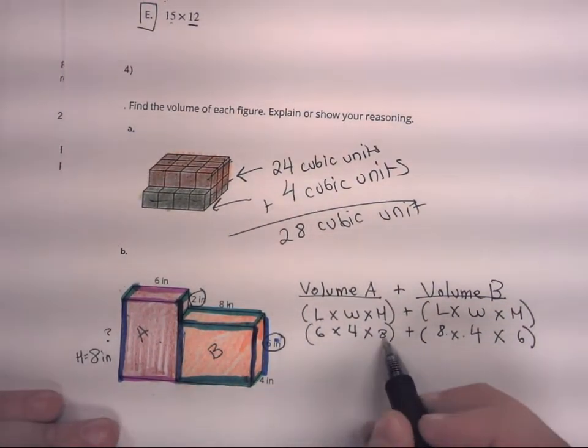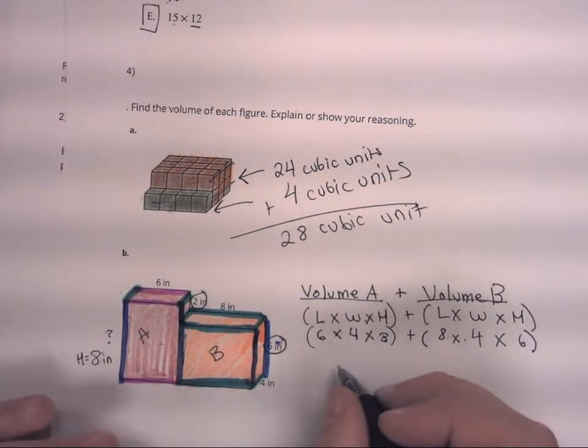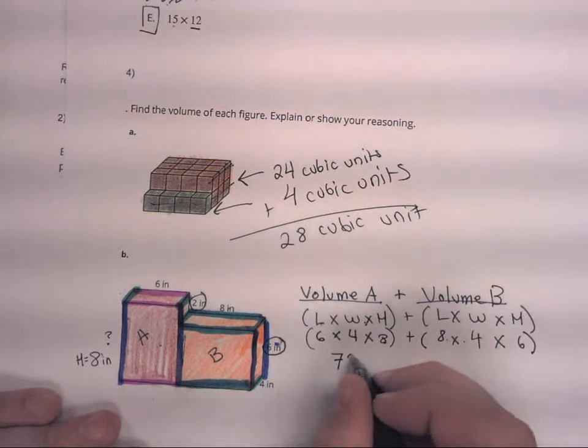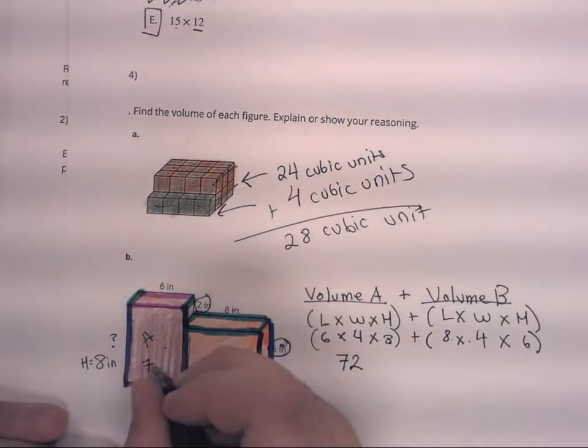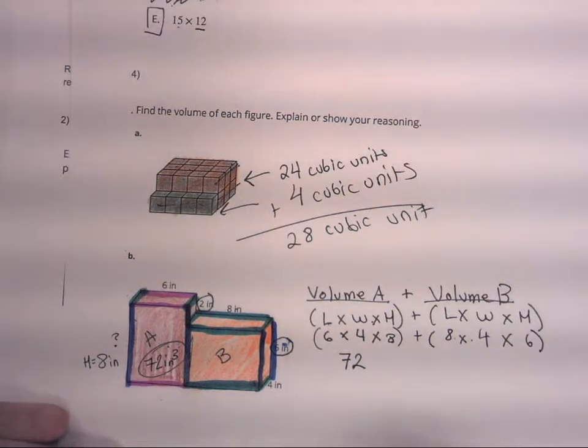So I know 4 times 3 is equal to 12, and 12 times 6 is 72. So the volume for A is going to be 72 cubic inches.